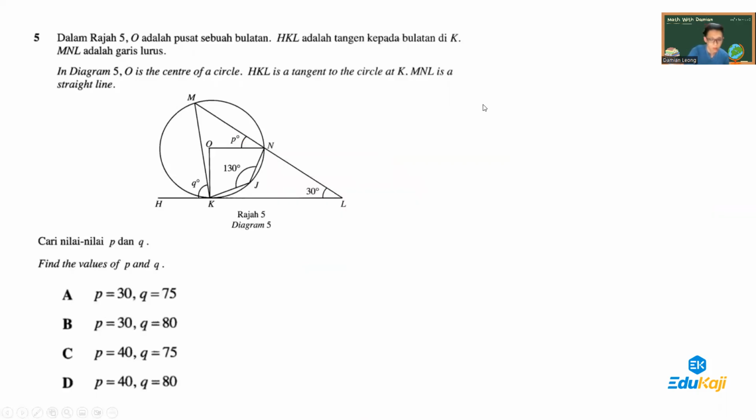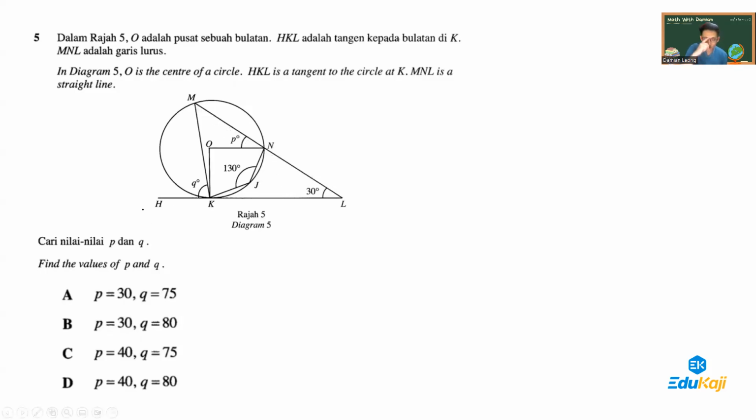Then question 5. In a diagram, O is the center of the circle, HKL is the tangent to the circle at K. So this line is tangent to the circle. M and L is a straight line. This one is a straight line.